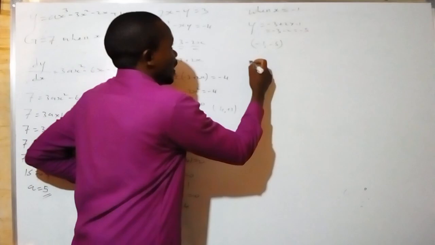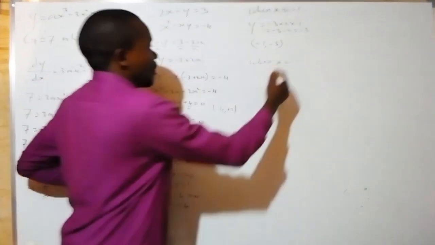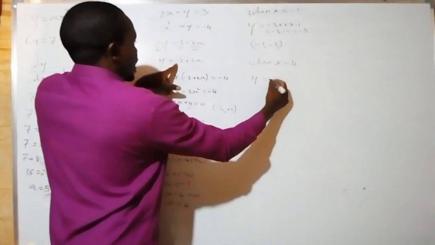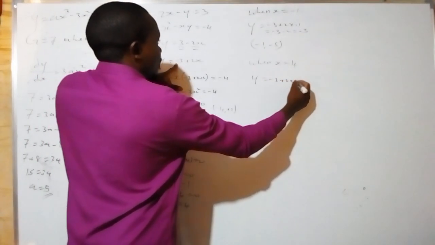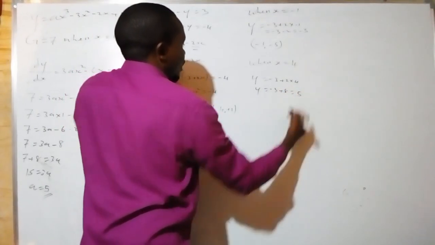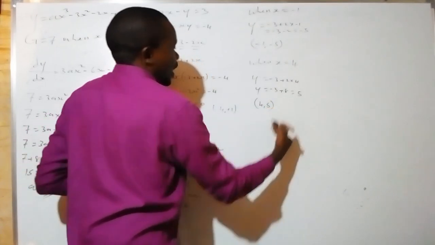When x is 4, y is equal to negative 3 plus 2 times 4. Y is equal to negative 3 plus 8, and this is 5. In terms of coordinates, 4, 5. Yeah, and those are the correct answers.